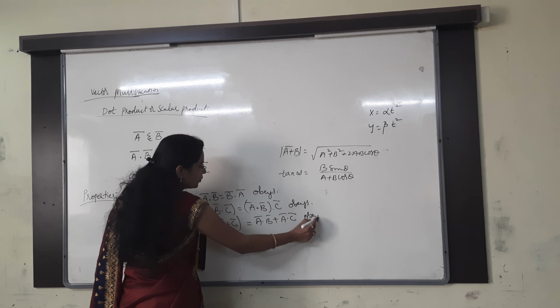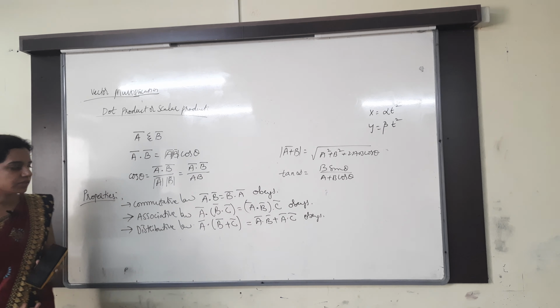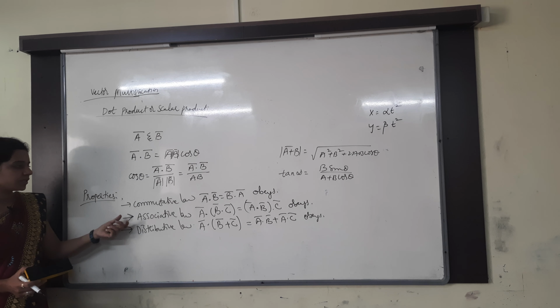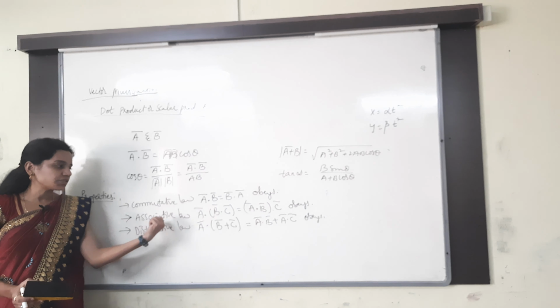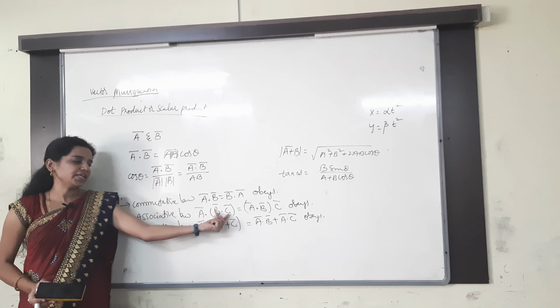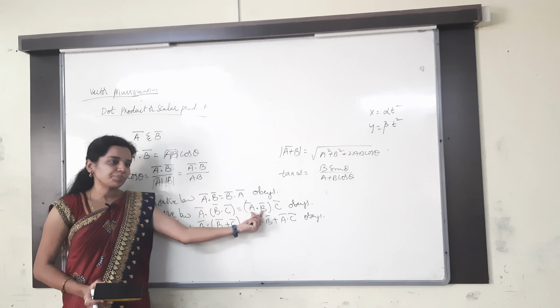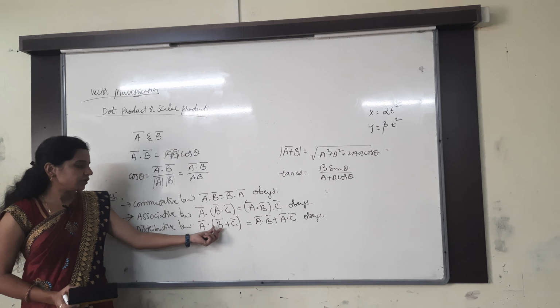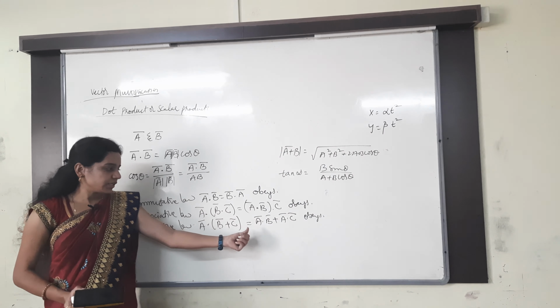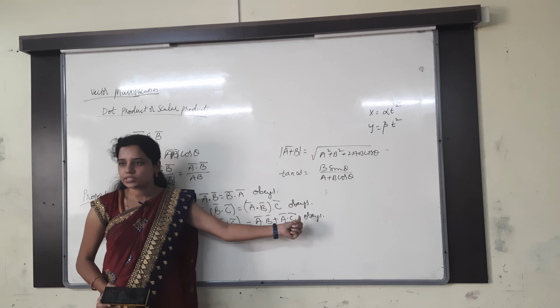This is also obeyed by the dot product. These are the main three mathematical properties. One is the commutative law, a dot b equals b dot a. Associative law, a dot b dot c equals a dot b dot c. Then distributive law, a dot b plus c equals a dot b plus a dot c.